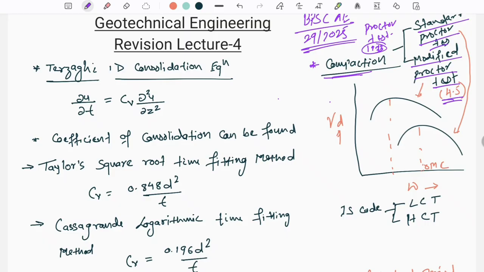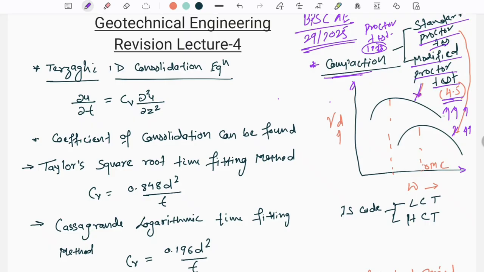As you see, here is the graph. This is dry density and water content. For compaction, we draw a curve between dry density and water content. As you increase the compaction energy, from here to here, this curve is for the standard Proctor test and this curve is for the modified Proctor test.